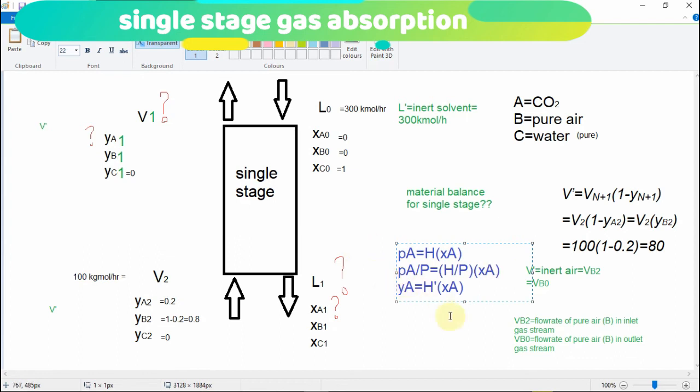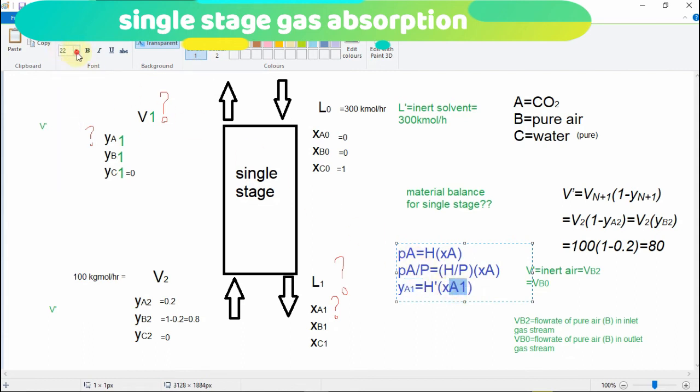Since in the material balance previously we need to calculate YA1 and XA1, based on the carbon dioxide material balance we are left with the unknowns YA1 and XA1. Based on this last equation using Henry's law relation, there is a relationship between YA and XA.